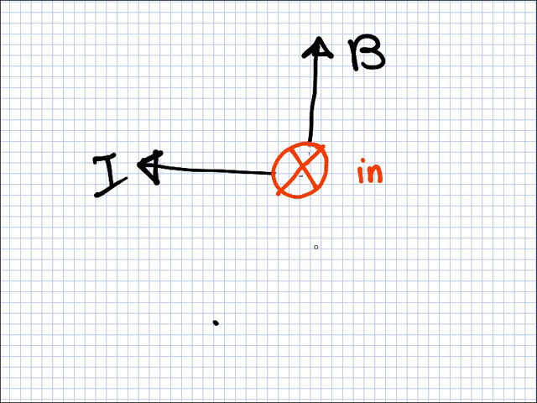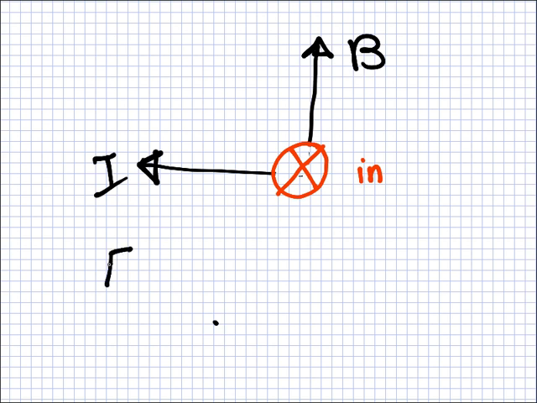So that is the magnetic field direction. That's F, the force. And what is I? Current. B is up, I is left, and that's the force. Exactly. Right, what is the force?